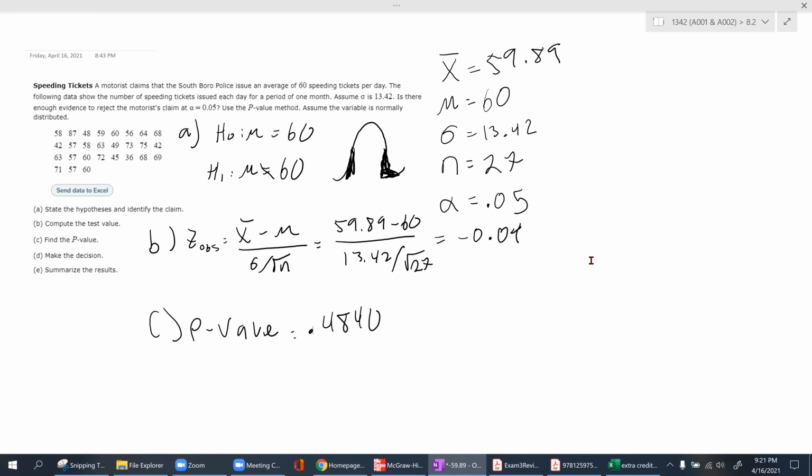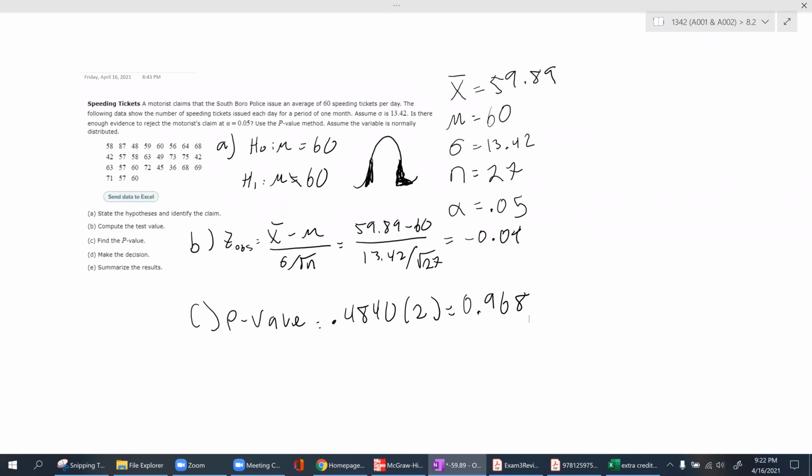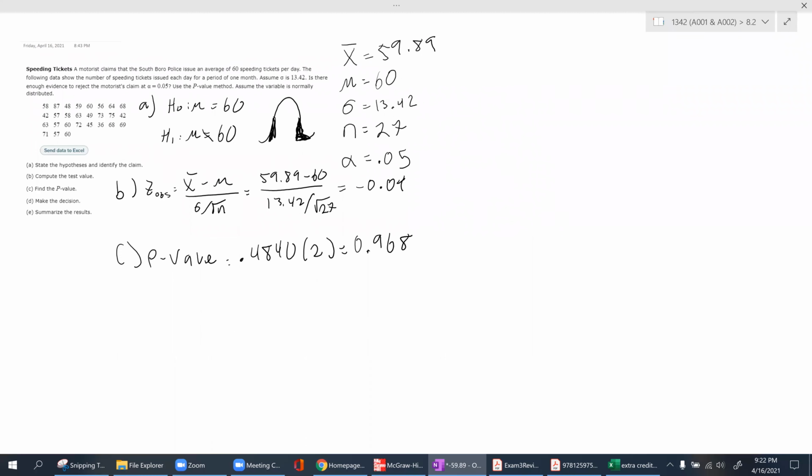So you're going to multiply this by 2. 0.4840 times 2, and we should get 0.968. So your p-value for the two-tailed test was 0.968.